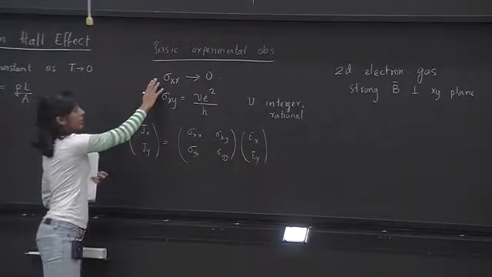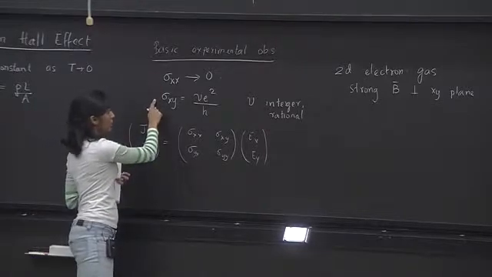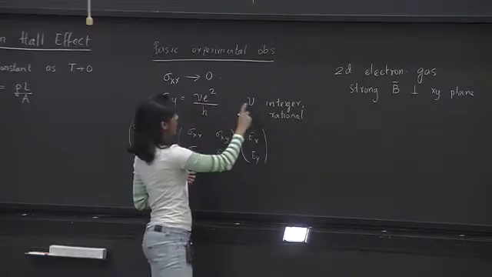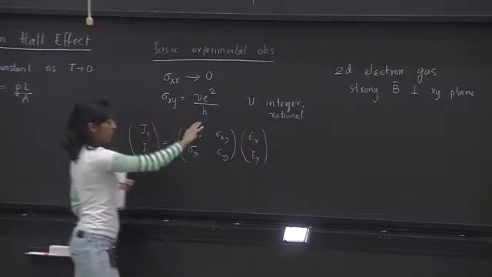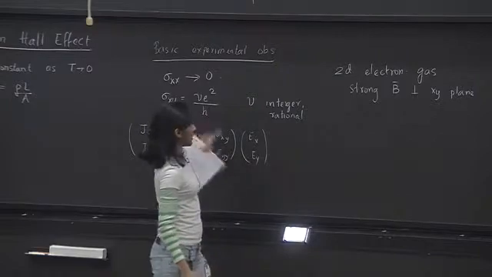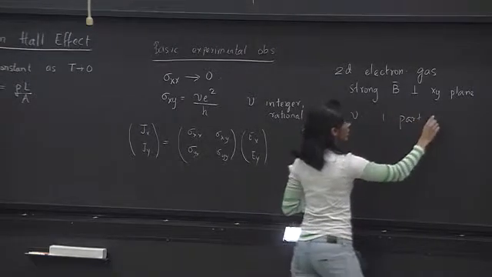So this is kind of like insulating behavior, whereas the transverse conductivity is quantized. And this is the surprising part. This transverse conductivity is quantized. Nu is quantized to like 1 part in 10 to the 10.